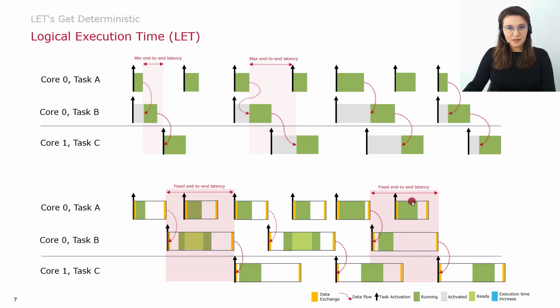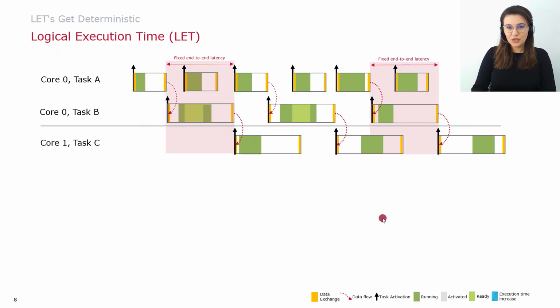Since we have fixed intervals, we can see that from the end-to-end latency, in comparison to the before case, we are talking now about very deterministic timing values, because regardless of the execution time of different instances of the task, we have those LET intervals and the times when data is exchanged fixed and stable.